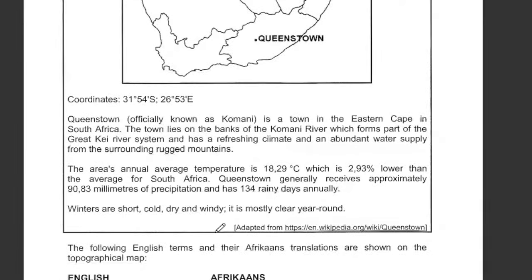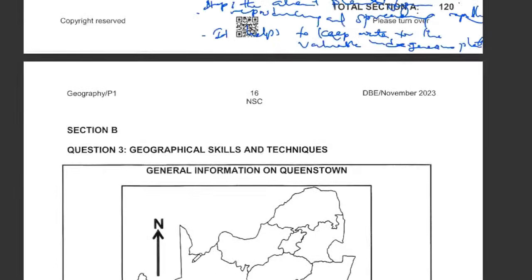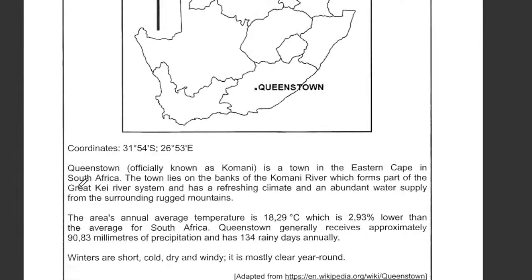Okay. We go to the last question, which is Mapwork. You have to be in a position to analyze and read this information. Queenstown, officially known as Komani, is a town in Eastern Cape, South Africa. The town lies on the banks of the Komani River, which forms part of the Great Kei River system and has a refreshing climate, and an abundant water supply from the surrounding rugged mountains.